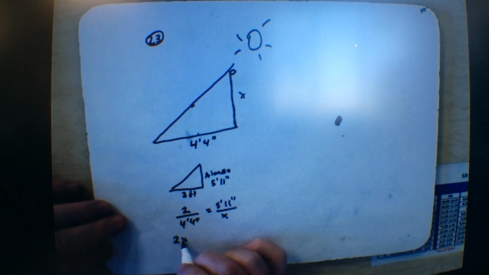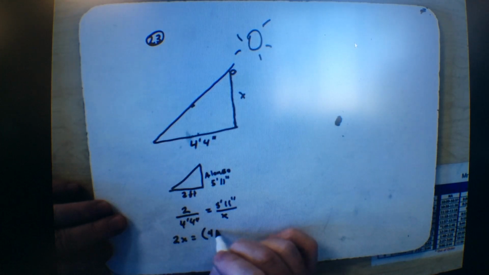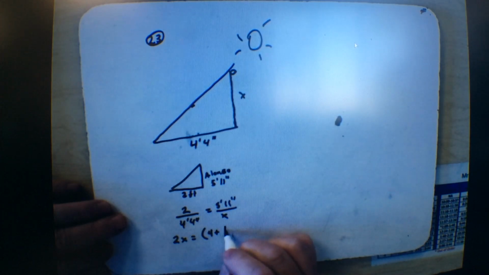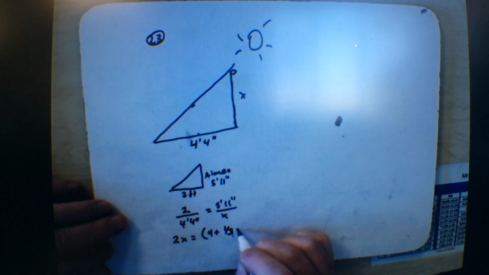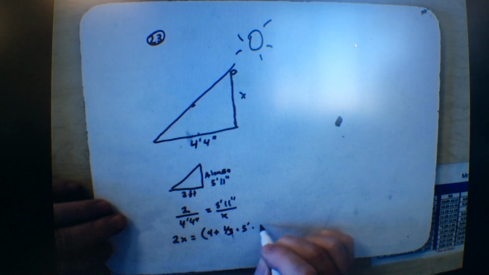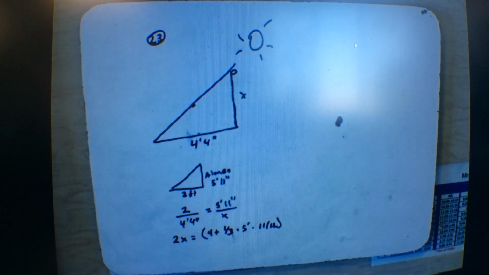So we do get 2x equals, and the way we change is we get 4 plus 4 divided by 12, or that would be 1/3, 1 divided by 3 times 5 foot and 11 divided by 12. That does not come out so evenly.